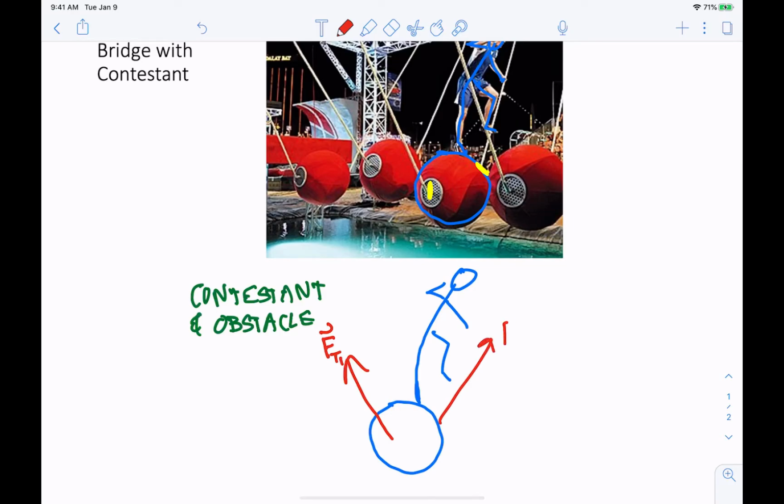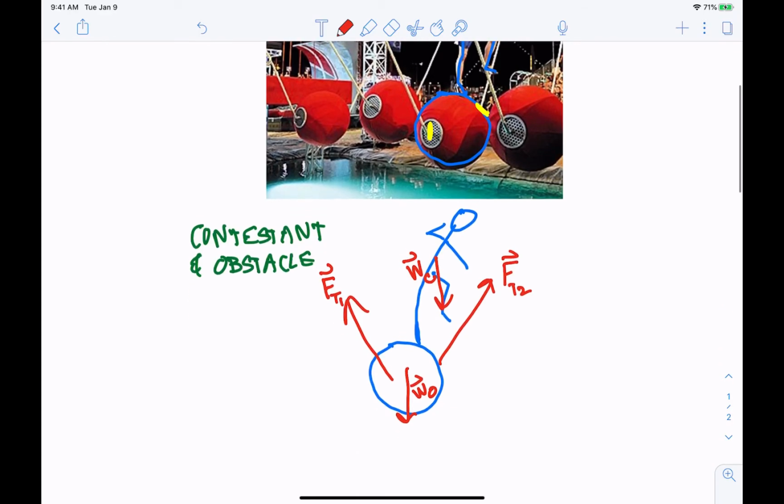And then I have a tension on the other side. And then I have the weight of the obstacle. And then I have the weight of the contestant. Okay, so there's my free body diagram for the contestant and the obstacle together.